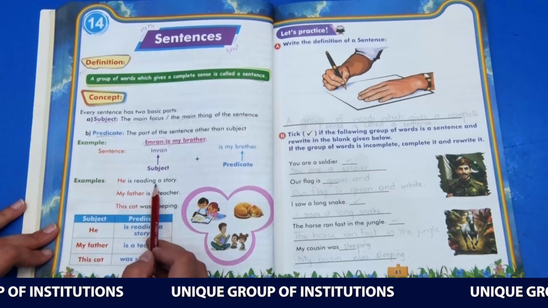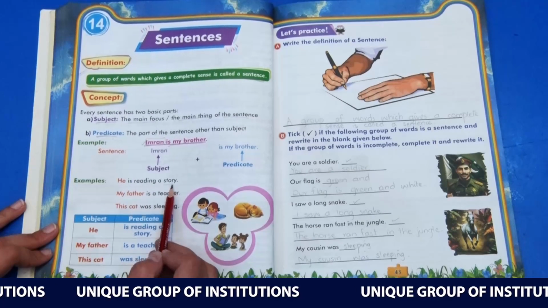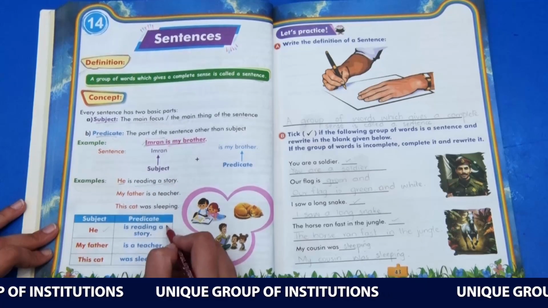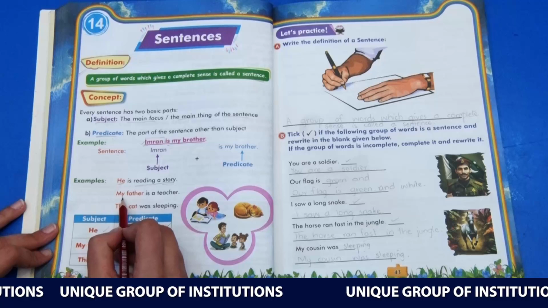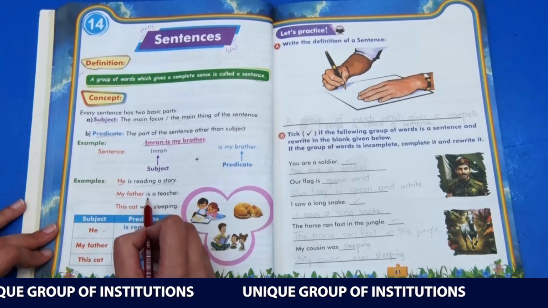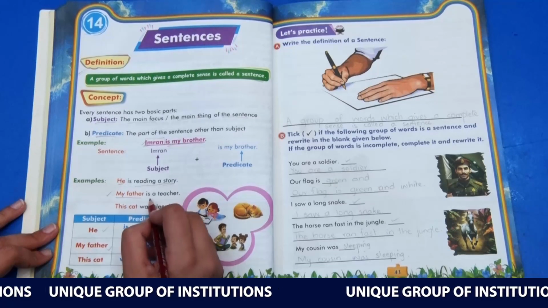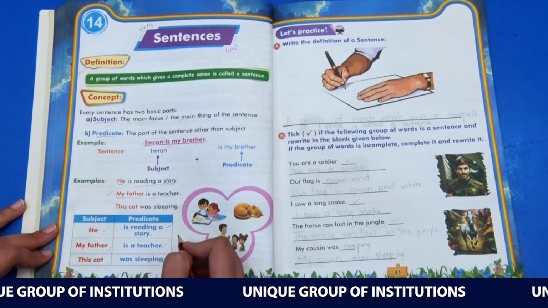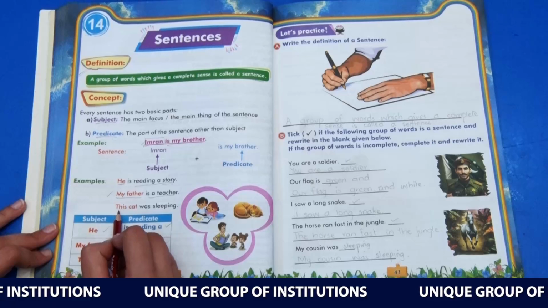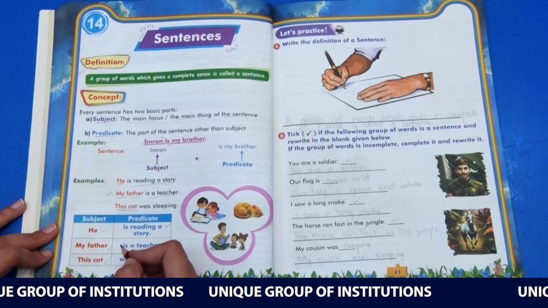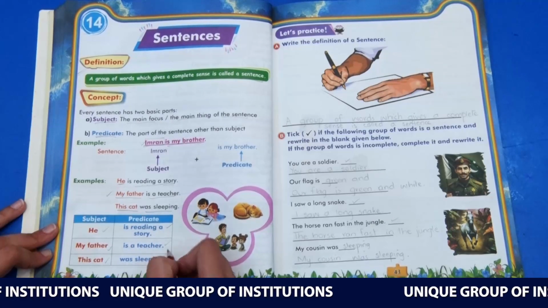Example: he is reading a story. He, subject; is reading a story, predicate. Now, the second one is my father is a teacher. My father is the subject, is a teacher, predicate. This cat, subject, was sleeping, predicate.